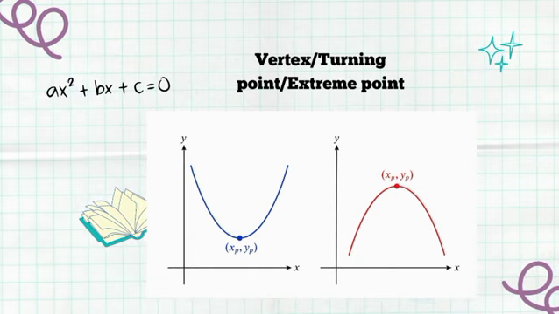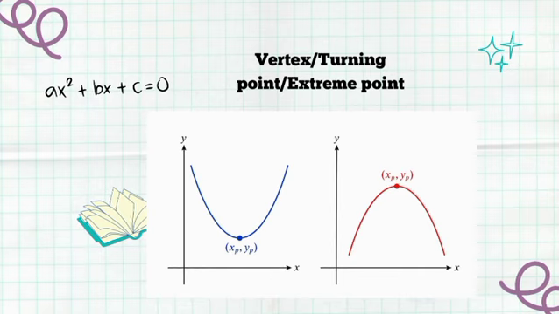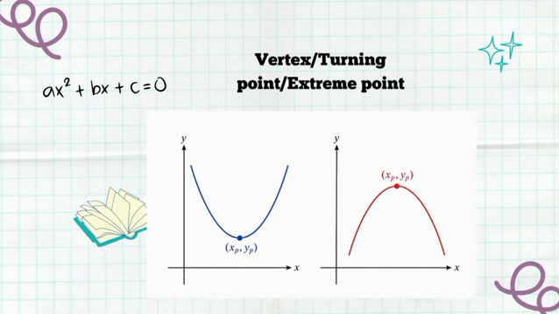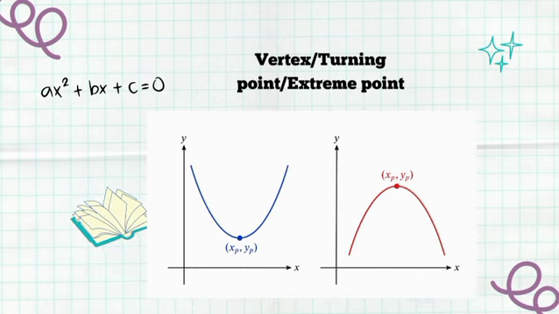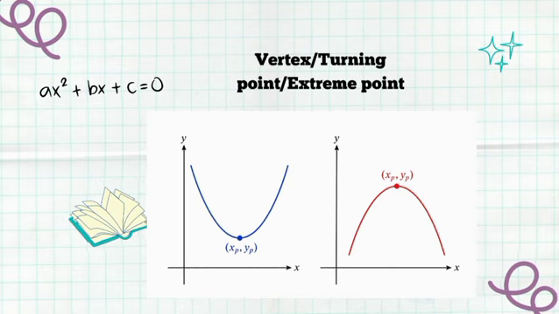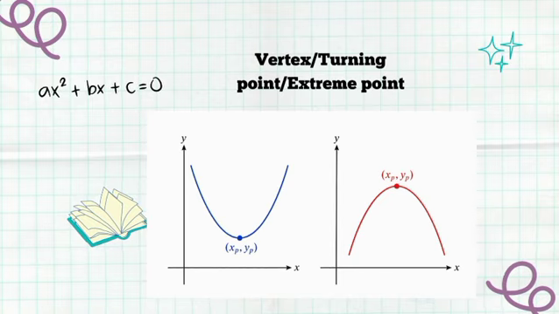How do we determine the x coordinate and the y coordinate? Or in other words, how do we find the values of xP and yP for a quadratic function?